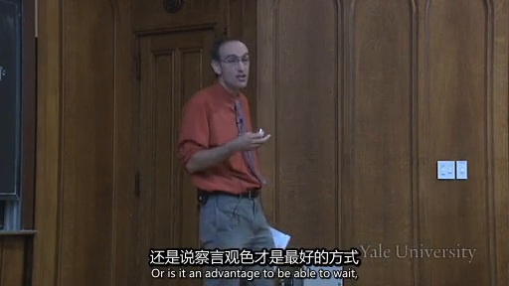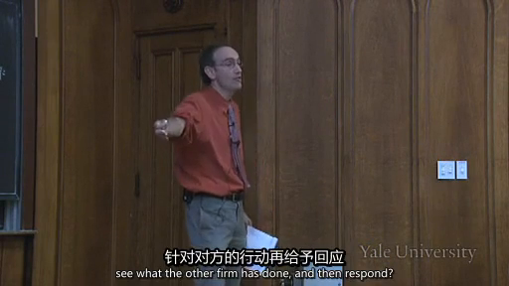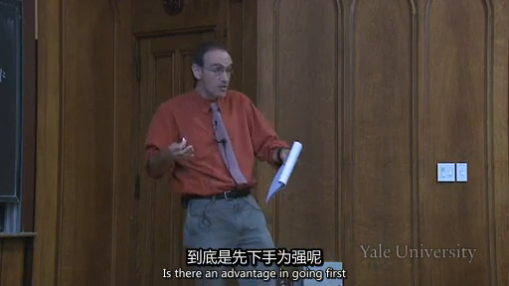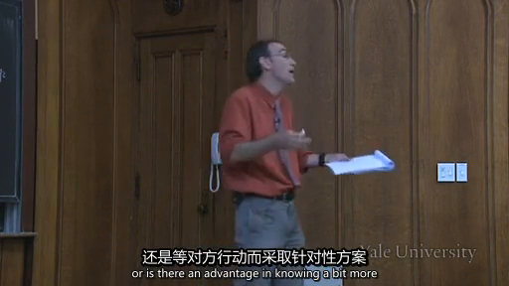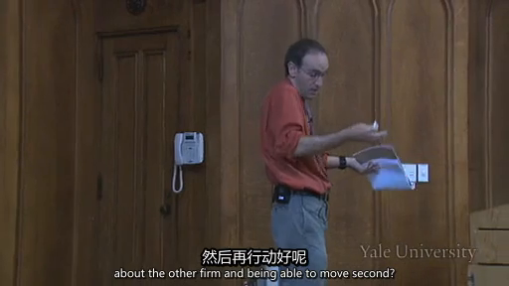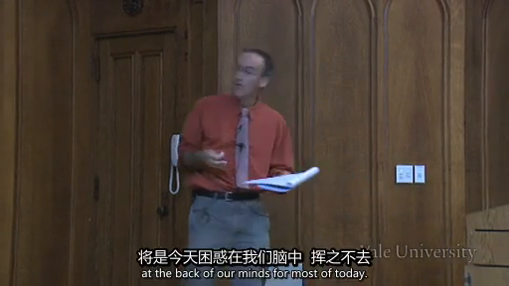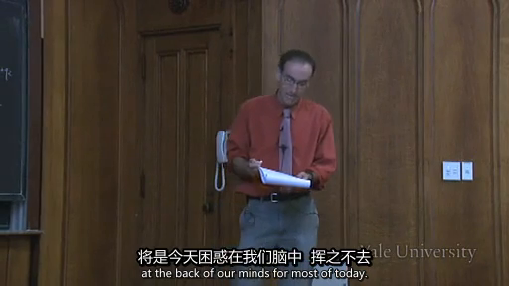Or is it an advantage to be able to wait, see what the other firm has done, and then respond? Is there an advantage in going first, or is there an advantage in knowing a bit more about the other firm and being able to move second? That's going to be the question at the back of our mind for most of today.